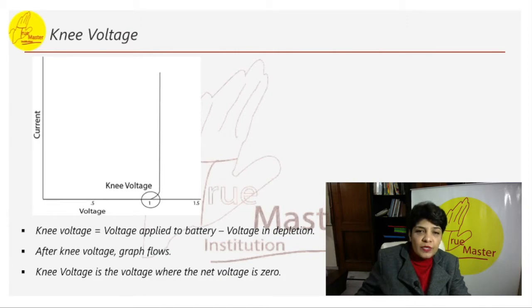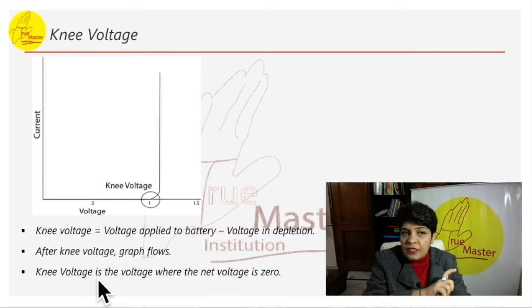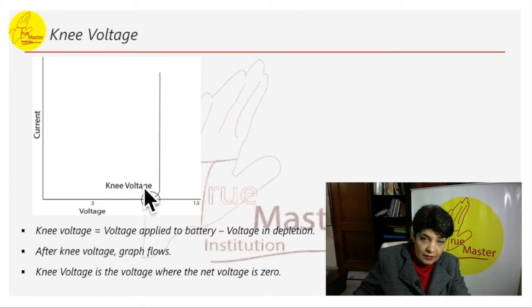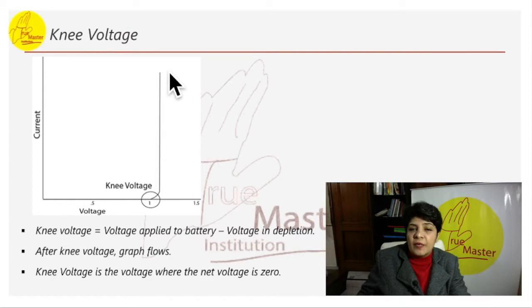The forward voltage at which the current through the PN junction starts increasing rapidly is known as the knee voltage. If you notice, the electrons rapidly started moving and it became a good conductor. From this point, it started to go up. In the case of silicon, it is 0.7 V, and for germanium it is 0.3 V.